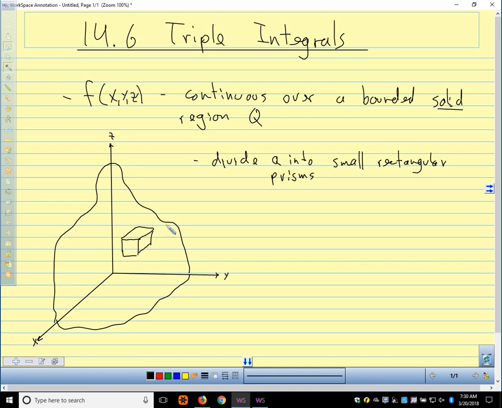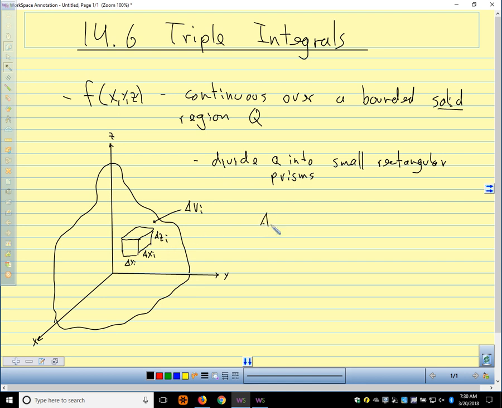And we're going to say that the volume is delta V sub i. Delta V sub i is going to be, this side of the rectangular prism is delta y sub i, this side would be delta x sub i, and this would be delta z sub i.